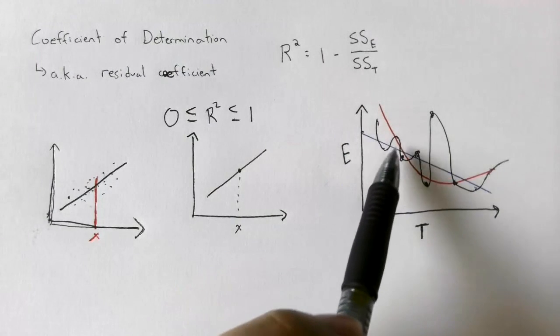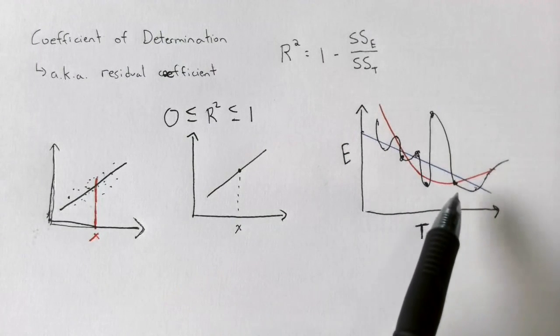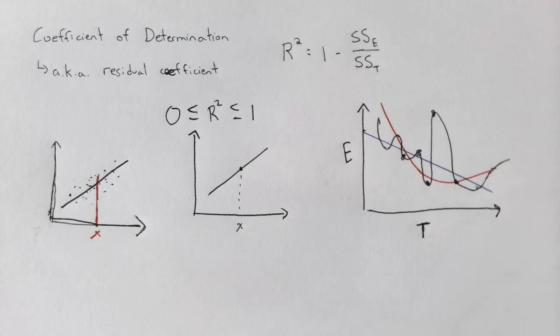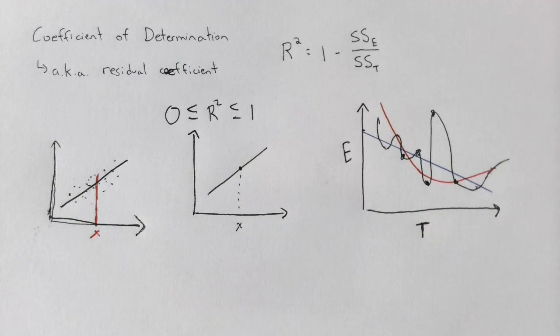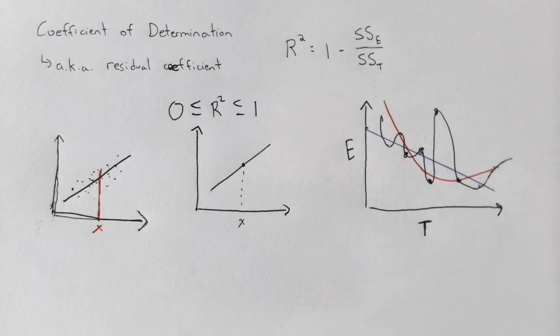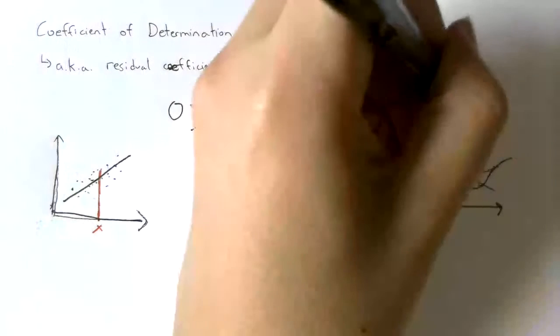So if we increase our polynomial order such that my curve passes through every single point, what is the R squared value for this curve? If we increase our order such that the curve passes through every single point in my data set, what's the R squared value? 1, correct.